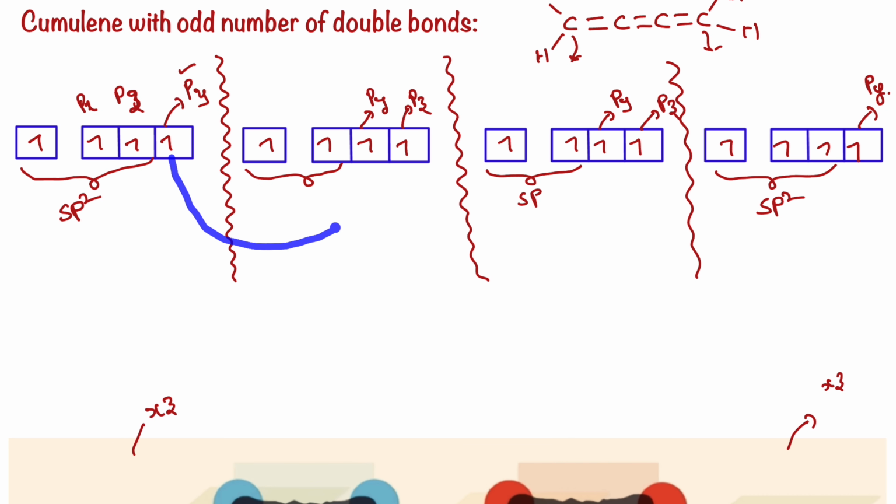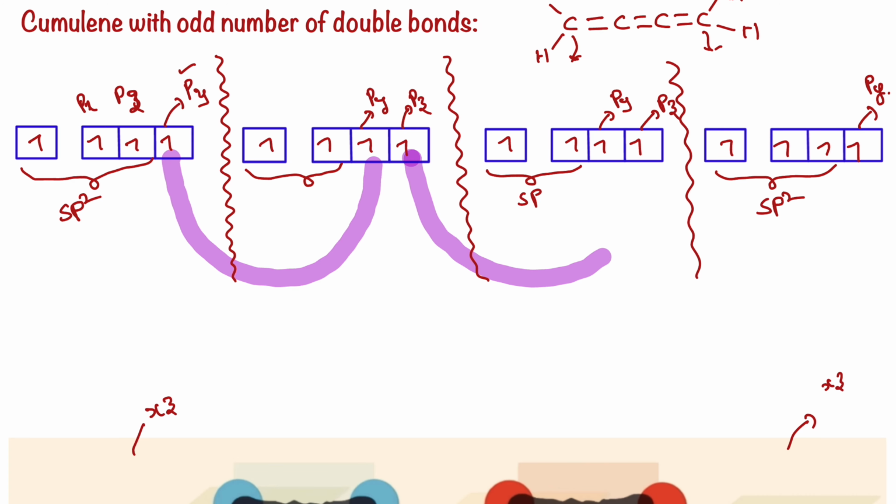The py orbital of this will undergo sidewise overlapping. So here the py orbital and py orbital overlap sidewise, that is along the y-axis. Here the pz orbital and pz orbital overlap sidewise. The py orbital and py orbital again overlap sidewise.